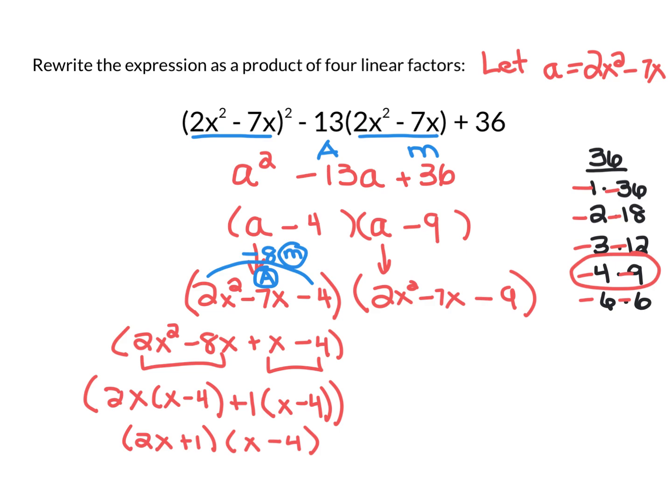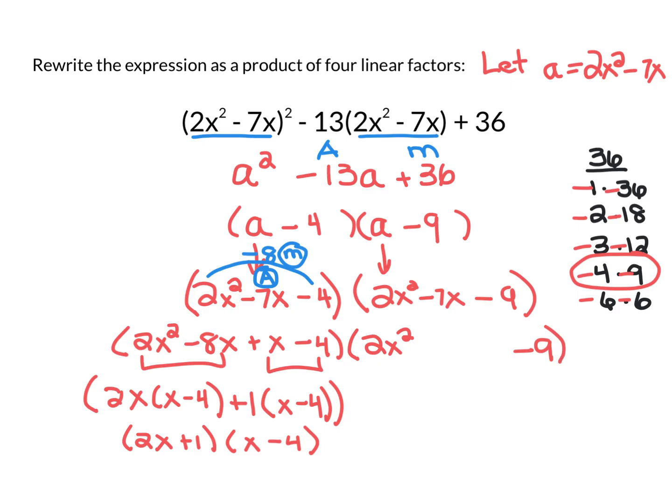Okay, so now we have to do the same thing over here. We're going to have to factor this by grouping, right, using the rainbow. Because the number in front of the first term is something other than 1. That can't be factored out. So, I'm going to bring down this parenthesis. Let me bring down the 2x squared. I'm going to leave a big space, and then I'm going to bring down the minus 9.